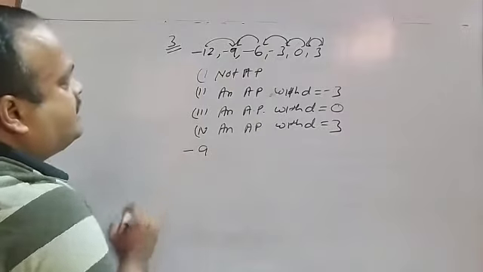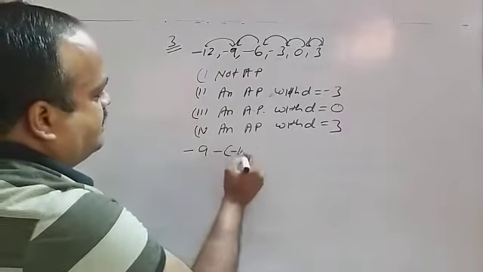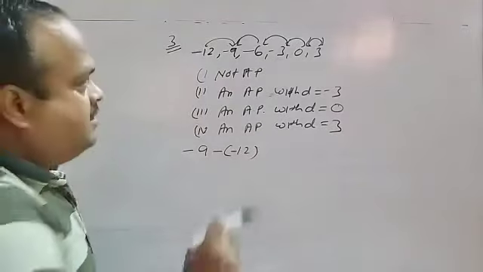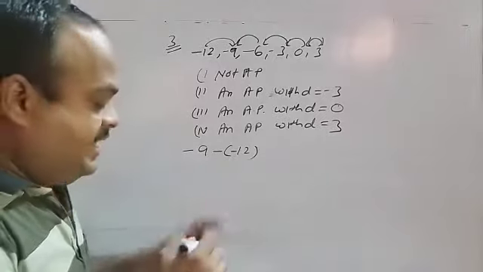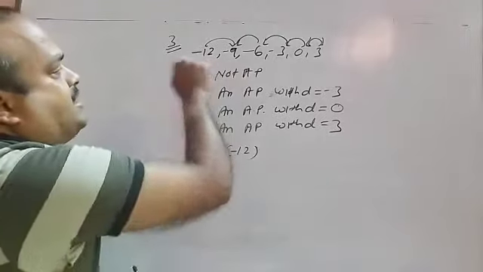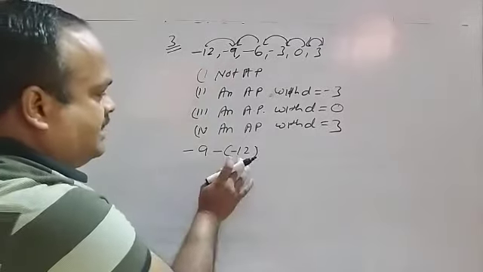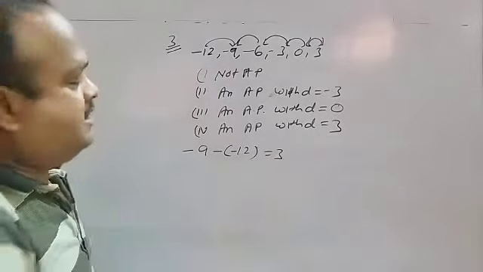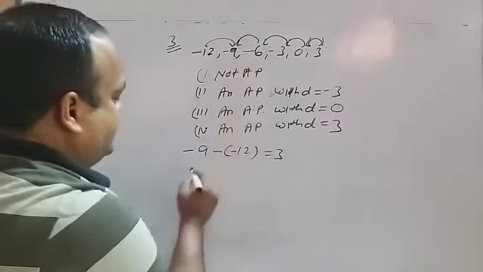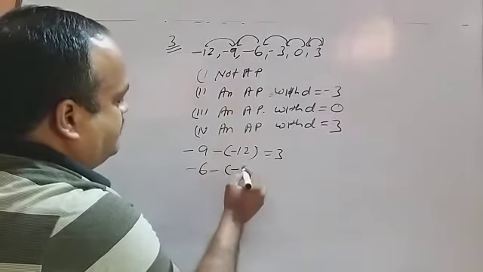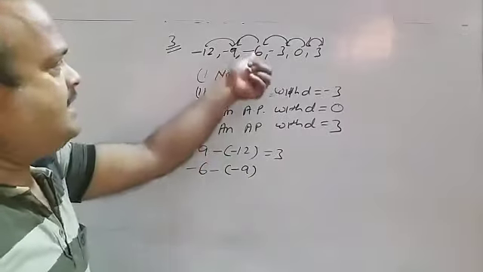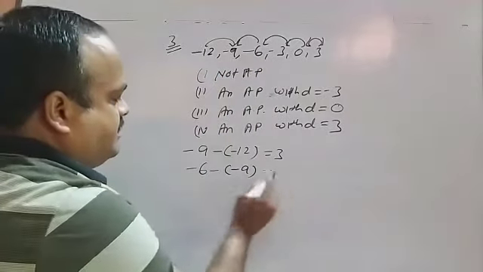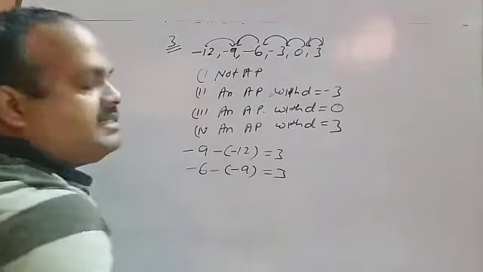Minus 9, minus 12. To find the common difference D, I told you, T2 minus T1. So minus 9 minus 12, it becomes 3. Second one, minus 6 minus 9, so plus 9 minus 6, 3.